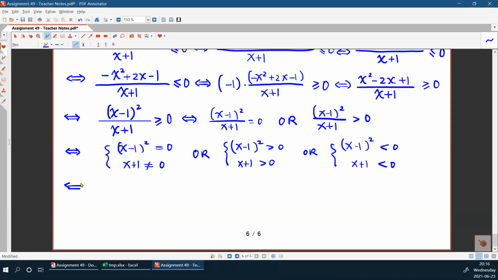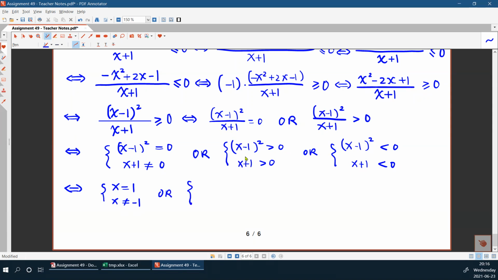Okay, so for the equation, the solution is x minus 1 squared is 0, which means x must be 1, right? And x plus 1 cannot be 0. That means x cannot be negative 1, right?